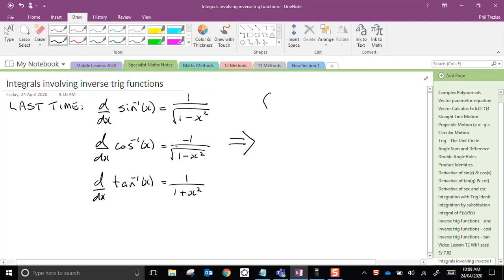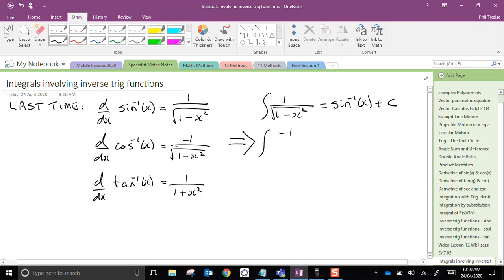We say, of course, that the integral of 1 over the square root of 1 minus x squared would equal the inverse sine of x plus a constant. Just like we do for anything where we've taken a derivative, we can reverse the process with integration.